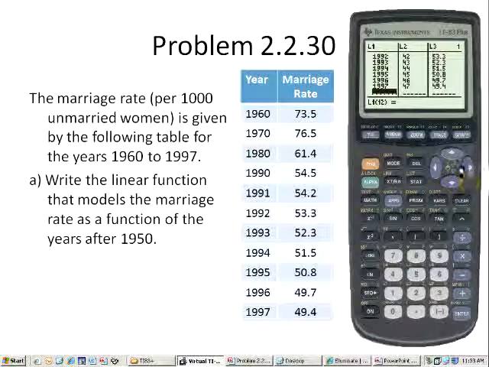Now, what they have asked us to do is write a function as of the years after 1950. So what I've done is I've made a second column, L2, which is the years after 1950. And so if you take 1960 minus 1950, you get 10 down here.